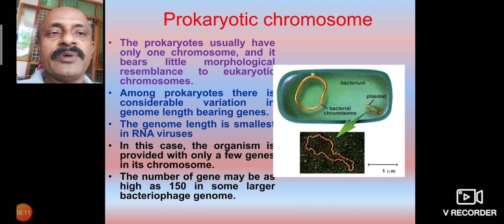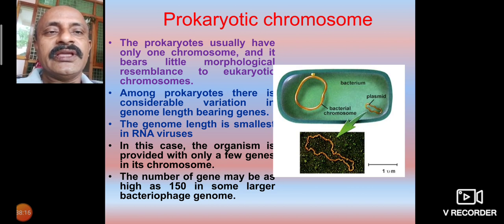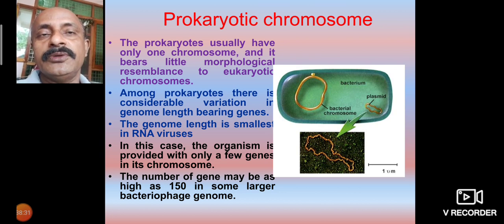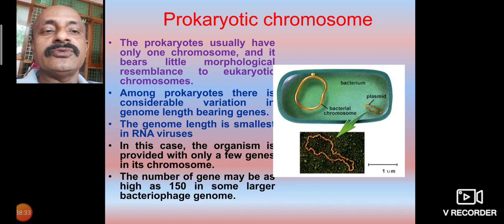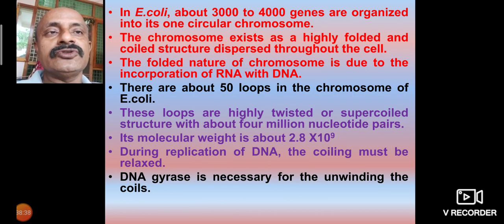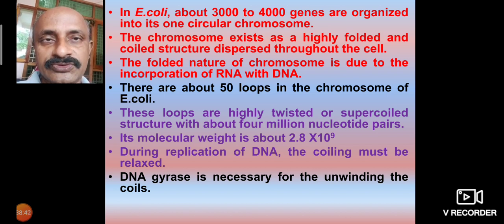The genome length is smallest in viruses, where the organism is provided with only a few genes in the chromosome. The number of genes may be as high as 150 in some larger bacteriophage genomes. But in E. coli, about 3000 to 4000 genes are organized into its circular chromosome.